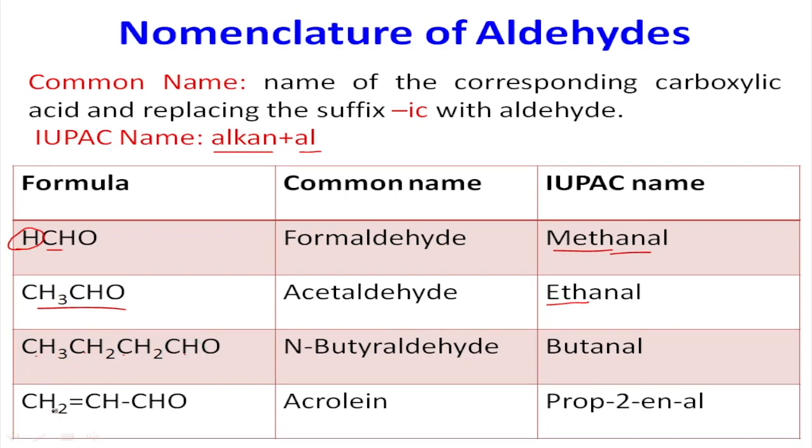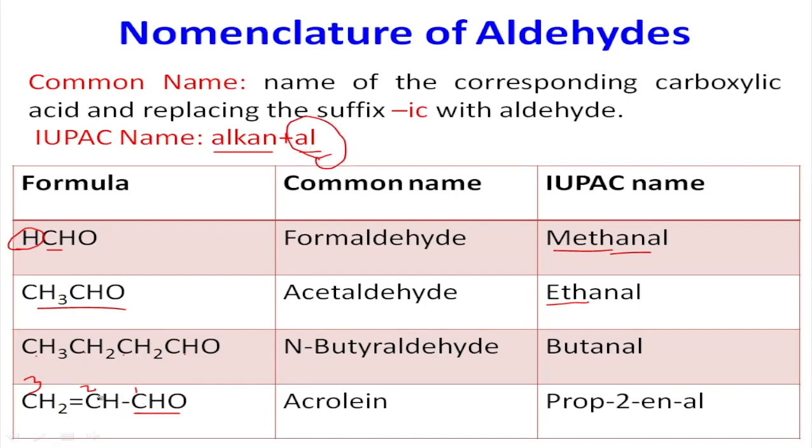With 3 carbon atoms, numbered 1, 2, 3, the CHO aldehyde takes the suffix -al.